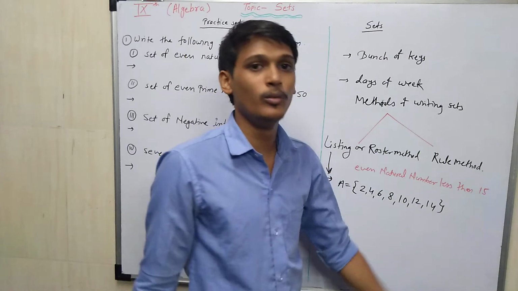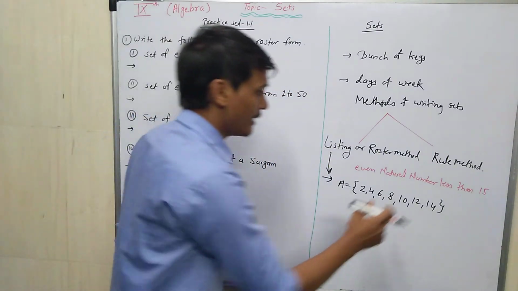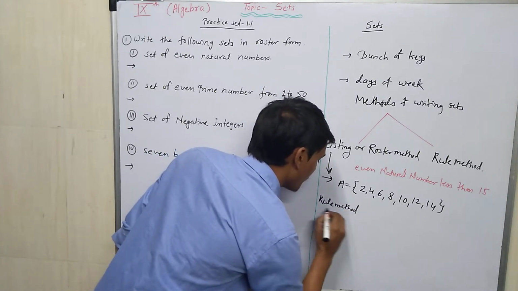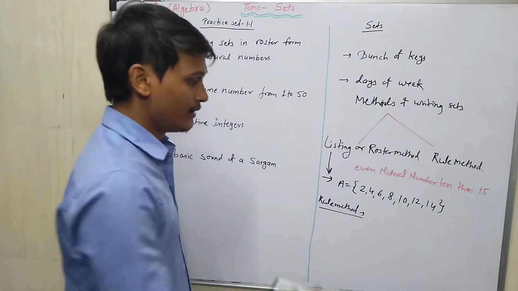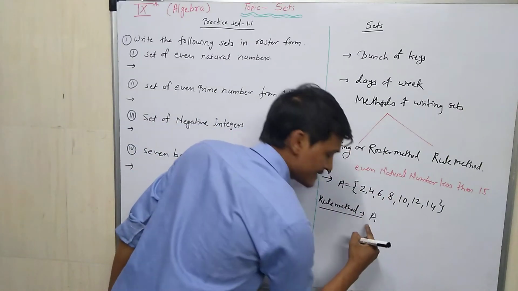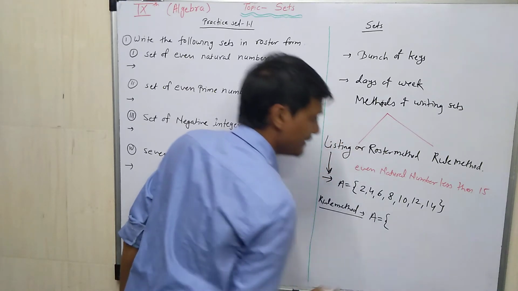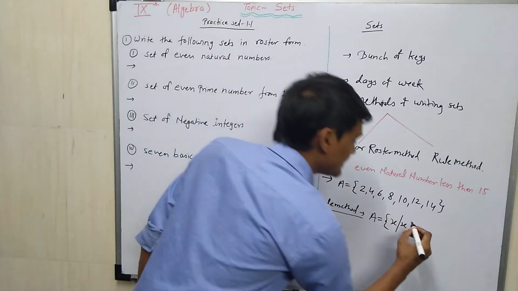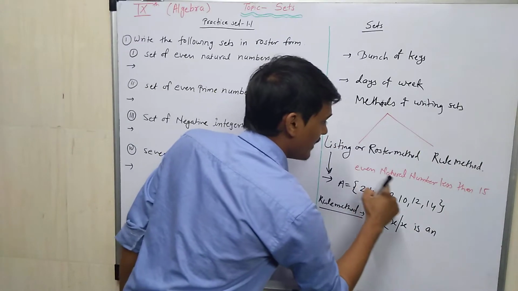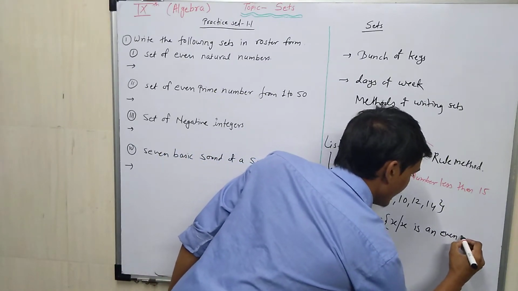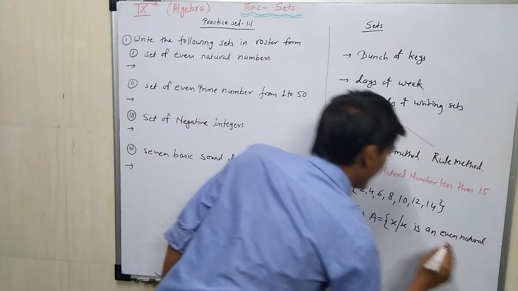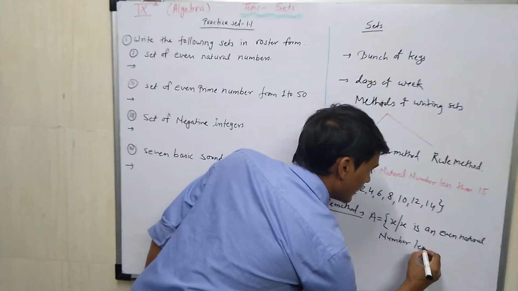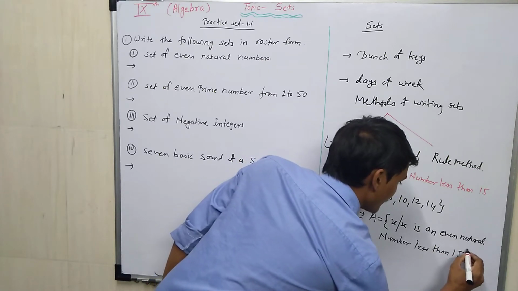How to write the rule method? Denote the set A is equal to, then bracket, then write x such that x is an even natural number less than 15.